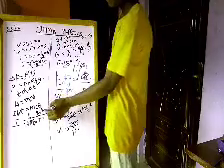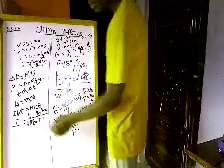This says that the force acting on two static charges is directly proportional to the product of the charges, and inversely proportional to the square of the distance between the charges.